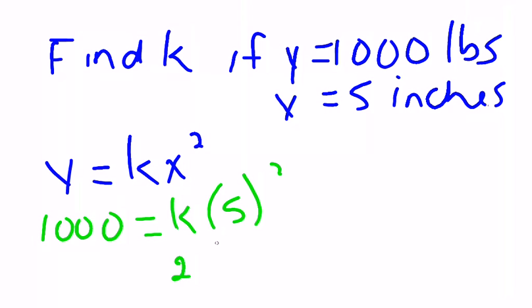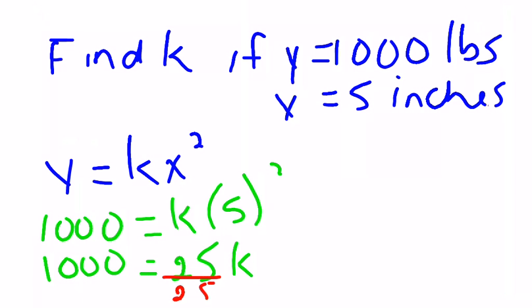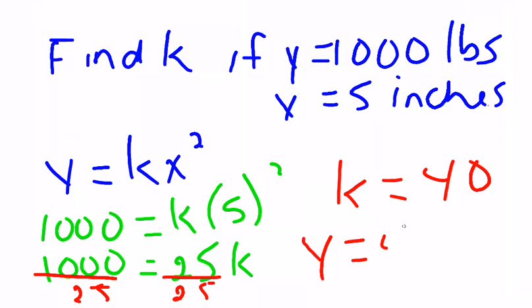So 5 squared is 25. And then to get k by itself in this case, we need to divide by 25. And so 1,000 divided by 25 is 40. So this one is y equals 40x squared.